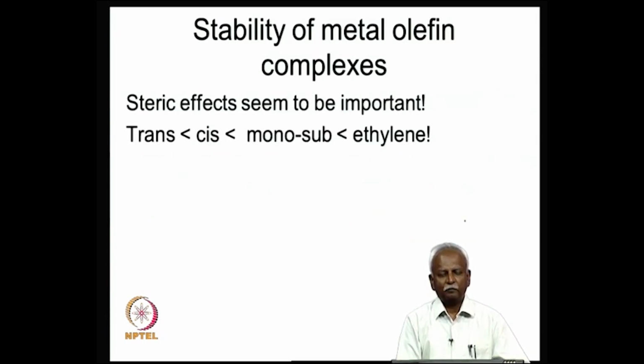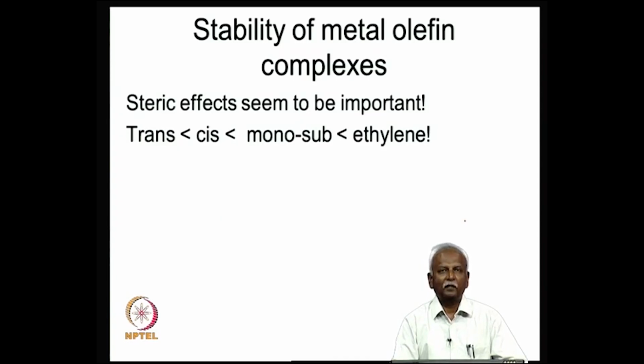So, apart from these electronic effects, we also have very significant steric effects in the case of metal olefin complexes. Usually it is seen that the trans complex is less stable than the cis complex if there are two substituents, and the mono substituted complex is always more stable than the disubstituted complex.